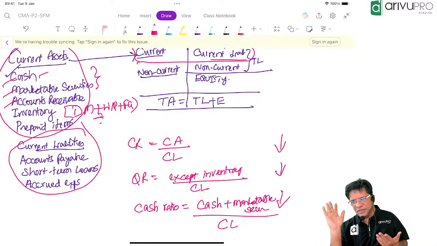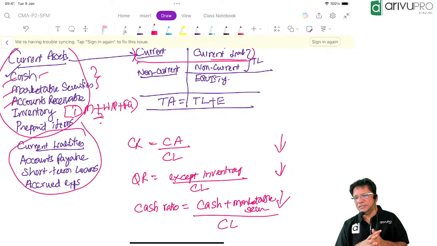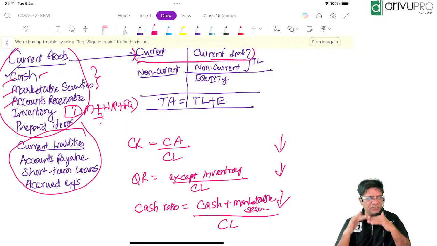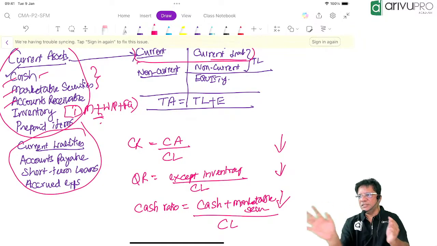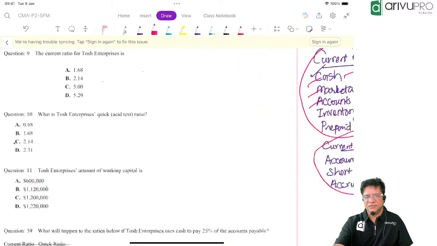When we go to section B, corporate finance, we will study each chapter on how the finance manager participates in reducing inventory levels, reducing AR, increasing investments, and increasing cash. It is the finance manager's job to increase collections, reduce AR, reduce inventory levels, increase cash, and put that excess cash in investments.